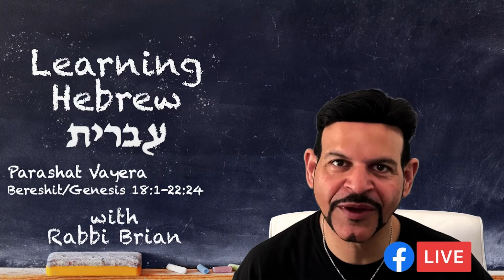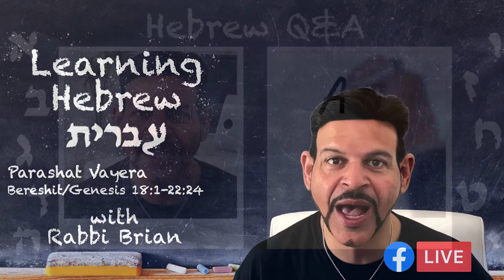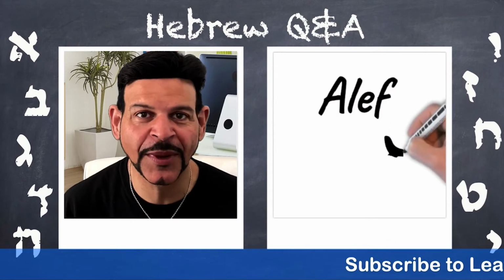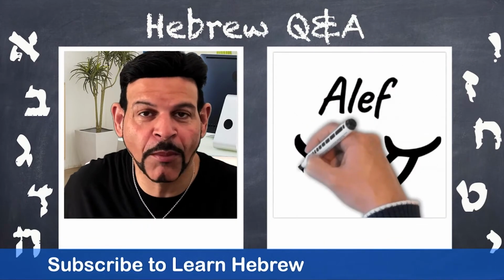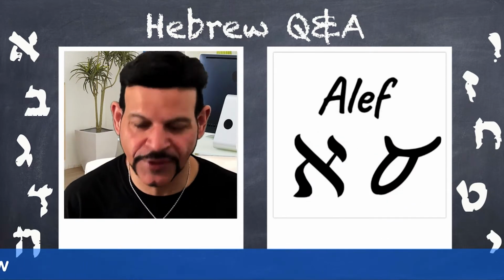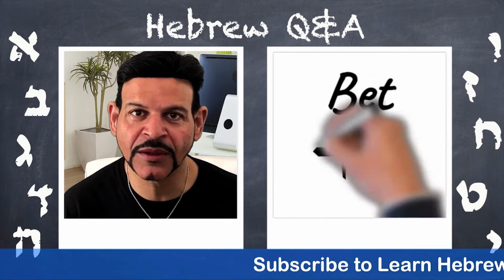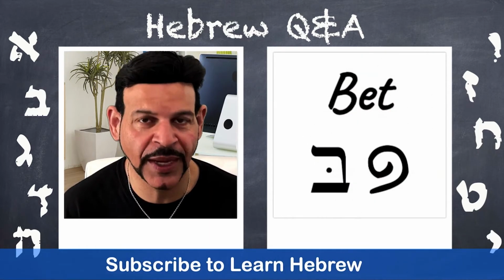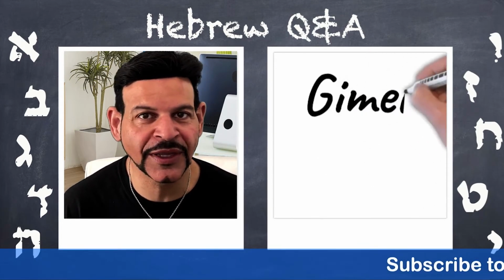So grateful that you have joined us, and we're excited about learning some Hebrew together, the Aleph Beit. So subscribe and learn some Hebrew right now, that you can be a part of learning your Bible in the original language, starting with the letter Aleph for the alphabet, and then moving on to the letter Beit to spell the alphabet, or Aleph Beit, the A and the B of Hebrew, and even learning the ABCs.